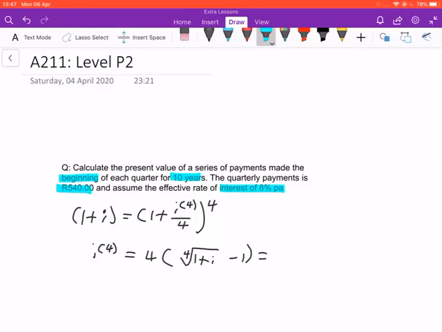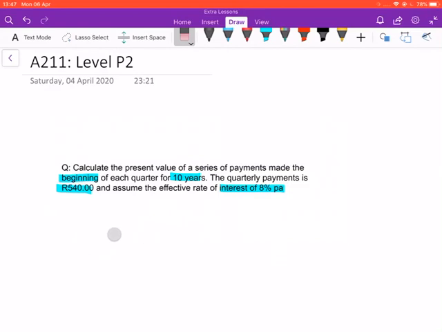We don't even need the i, we just need the d, because we're using the one where the payment is made in advance. So we have 1 plus i equals (1 minus d(4)/4) to the power minus 4, so that it can be discounted or accumulated to the same period.